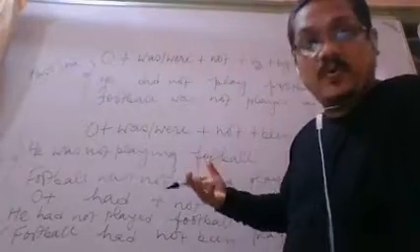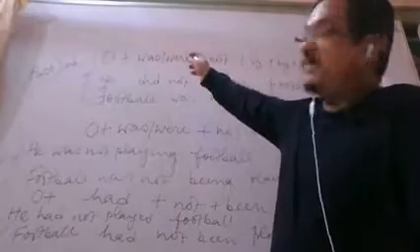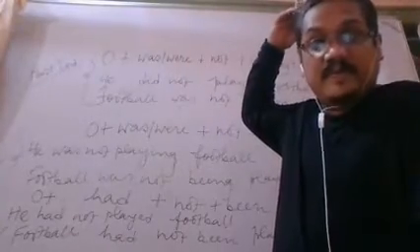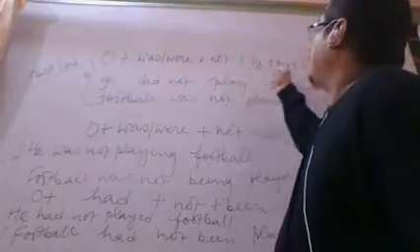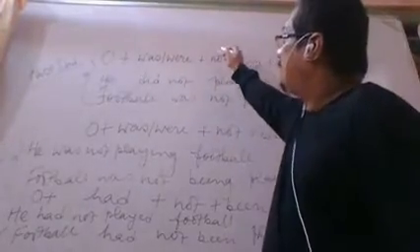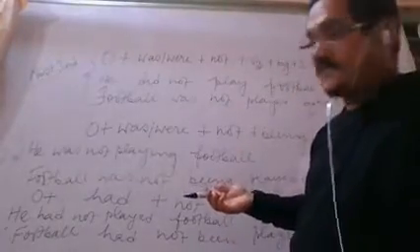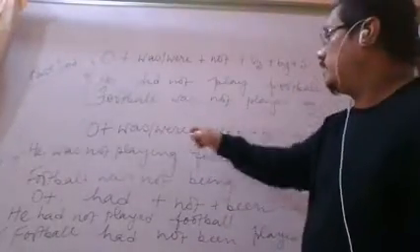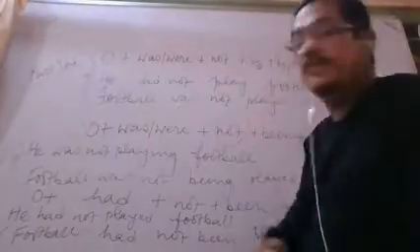Only we have to know where to use not. Okay, earlier, in the affirmative sentence, what was it? Object plus was or were plus V3 plus by. Now we have to put not here. And in the affirmative sentence, what was it? Object plus was or were plus being plus V3. Now here we have to put not.